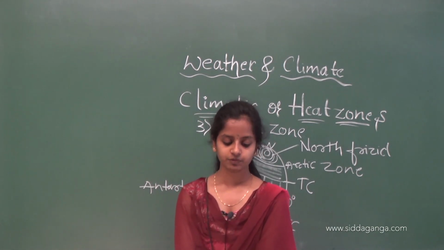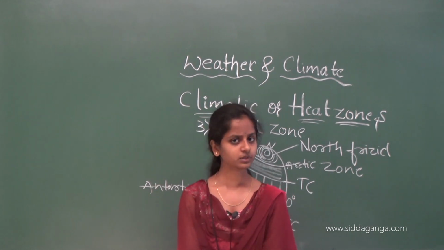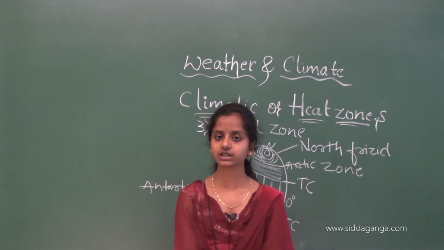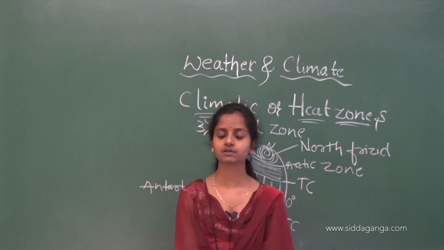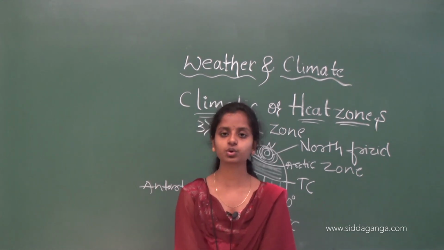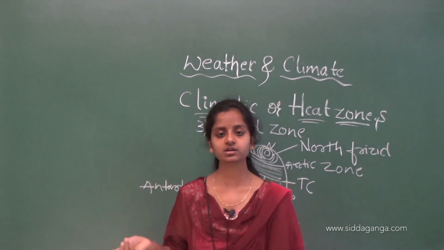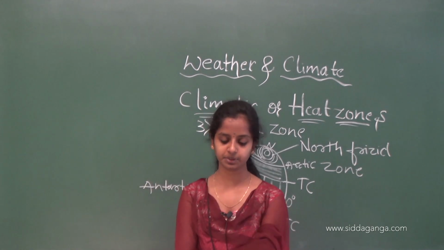The climate of places in a coastal region is moderate. So, the sea will influence the climate. The sea will convert any kind of climate into a moderate climate. So, places which are nearer to a coast will experience a moderate climate.